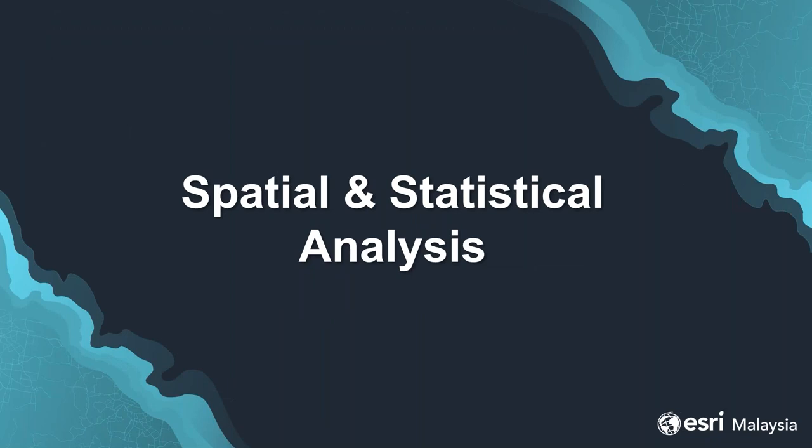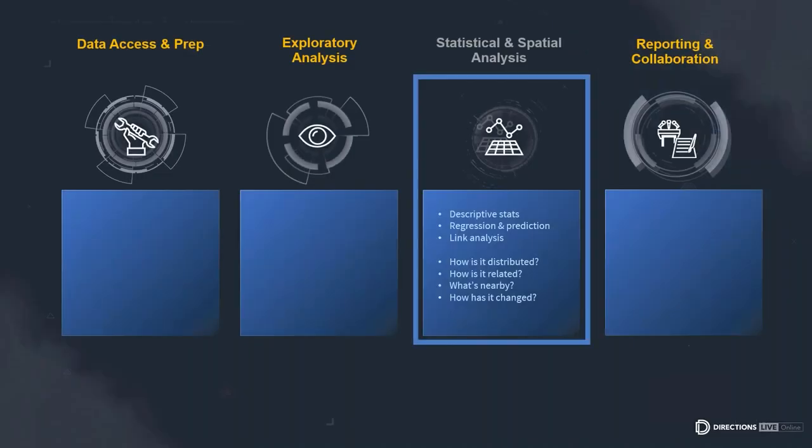All right, so for spatial and statistical analysis, this is where we get to answer the specific questions that we have identified earlier in the exploratory analysis phase. It includes basic things like descriptive stats, but also more advanced analytical operations.